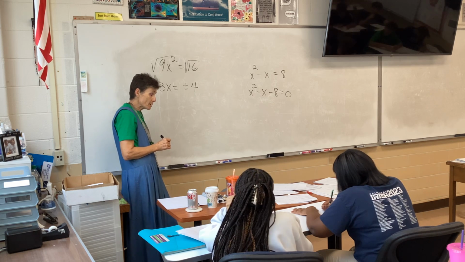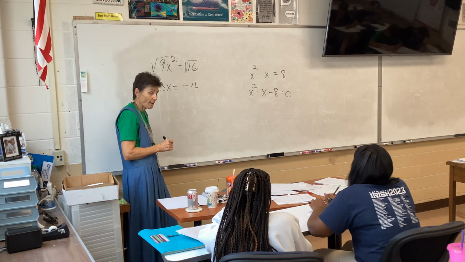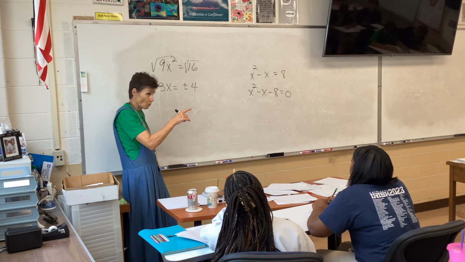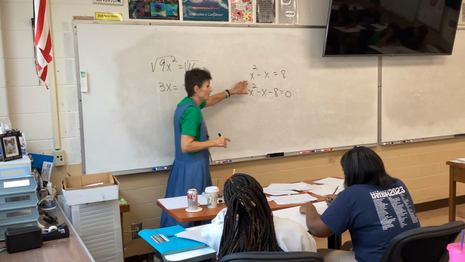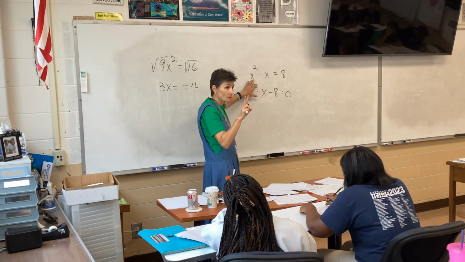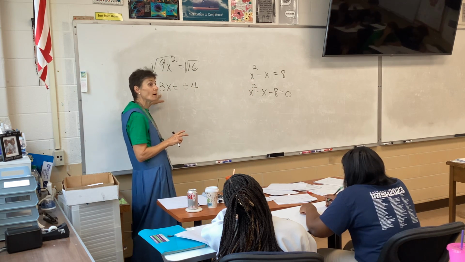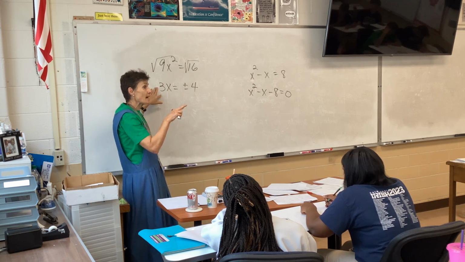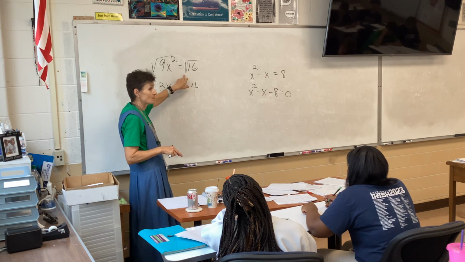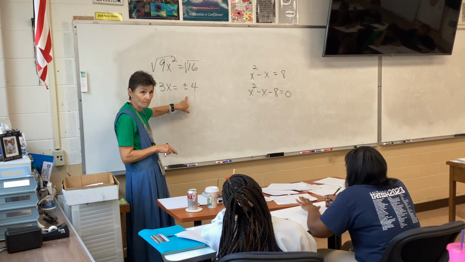Think about the two equations that we just did. They were squared equations. Didn't they have two answers? Squared equations have to have two answers. So that second answer comes because of the plus or minus part.